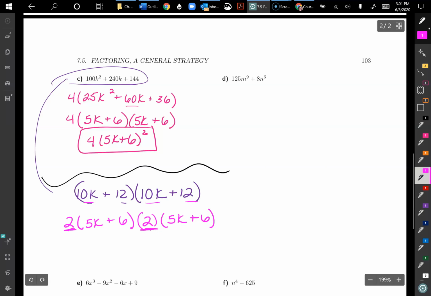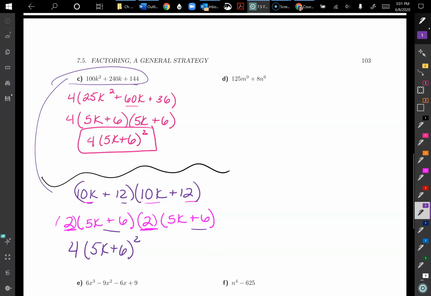So if I multiply those two together out here, that would be 4 times 5k plus 6, written as a squared term. Now notice this isn't like factor by grouping where I have pluses in between the binomials. They're just inside here.